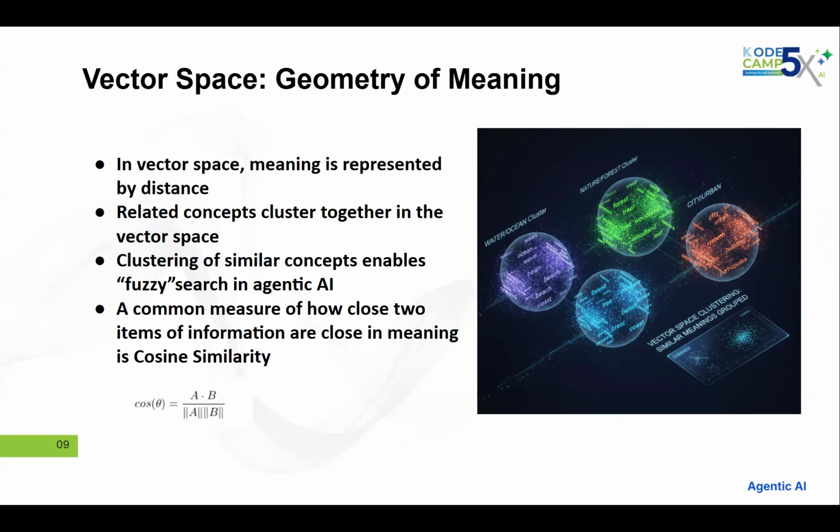This is now a bit of mathematics. So the angle between those two vectors, its cosine gives the cosine similarity. And one way to calculate that would be by dividing the dot product of those two vectors by the product of their magnitudes, as I've shown here.